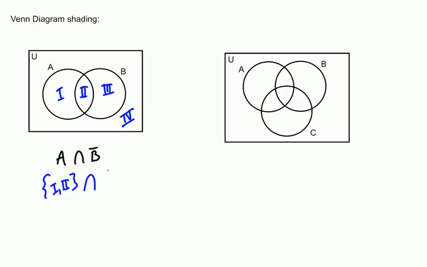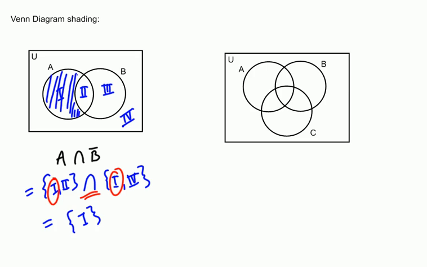Now, for a small example like this, I think it's fine to see that, but your other option is to always write out B first and then write out B complement. Okay? And now, since you're doing an intersection, you can hopefully see that the answer here is, we'll use the equal sign just to keep this consistent, just the region I. And then what you would do is shade this area here as your answer.